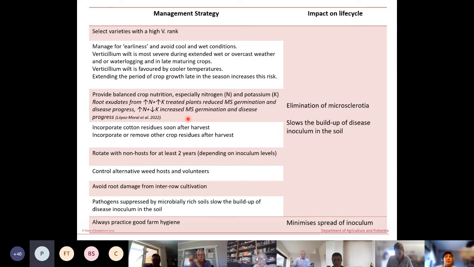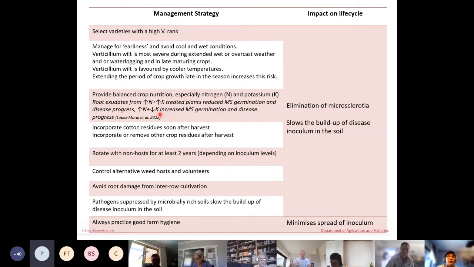So when we talk about a balanced crop nutrition, this is what we're talking about. It's not necessarily whether you have high N, it's about that balance of N and K probably. And also all your other nutrients. There's many nutrients that have a role in the defence of plants to disease.